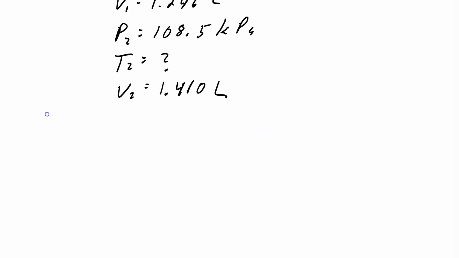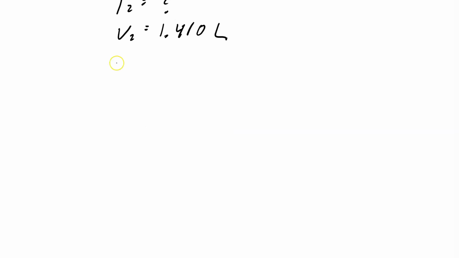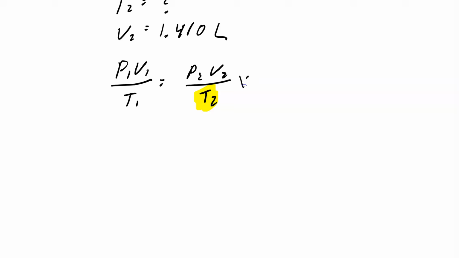We need, of course, the combined gas law equation. So that's going to be P1 V1 over T1 equals P2 V2 over T2. Now, the tricky part here, the algebra might be a little difficult, so I'll step through all of the steps. Since T2, what we're looking for, is in the denominator, we're going to multiply both sides of the equation by T2.